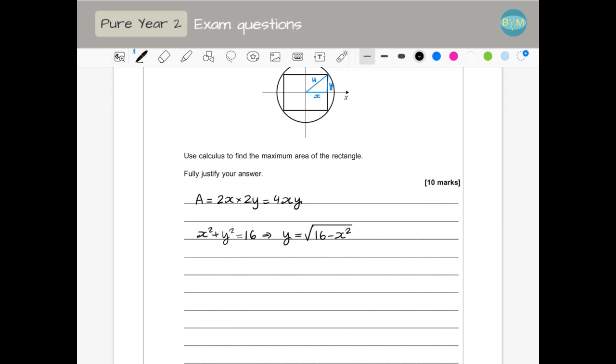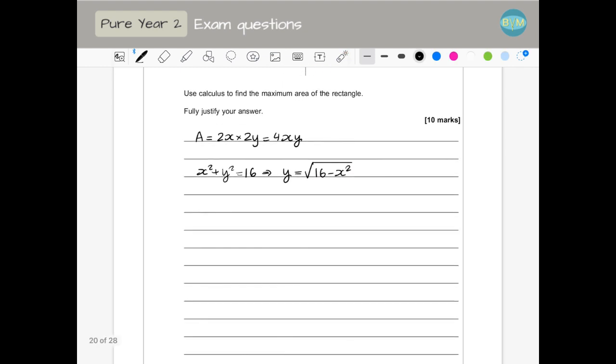That's y, which means in my expression for the area, I can substitute y in terms of x, so it's only the area in terms of x. So I have A is 4x times the square root of 16 minus x squared. Now if I want to find the maximum, I'm going to differentiate that expression with respect to x.